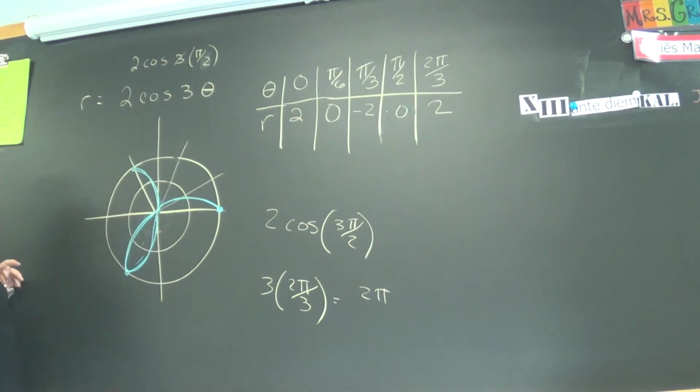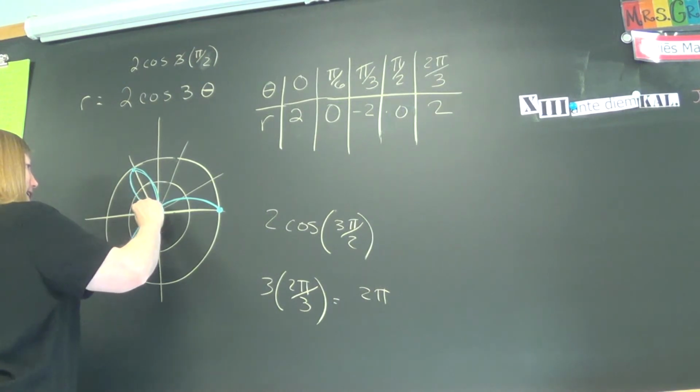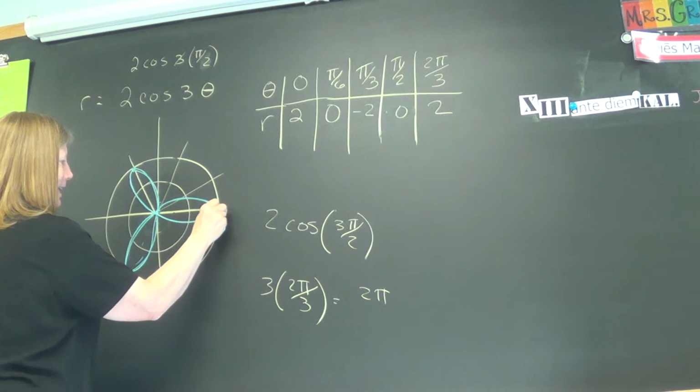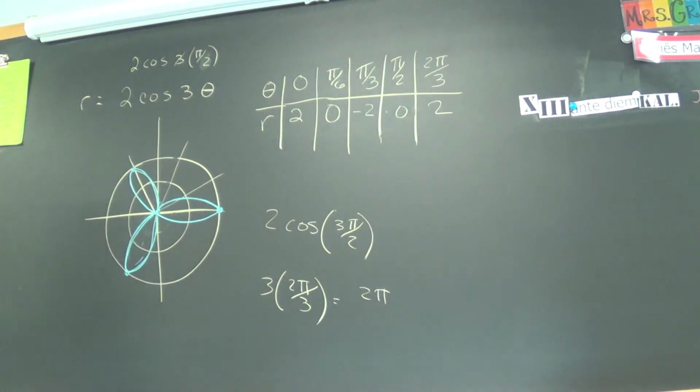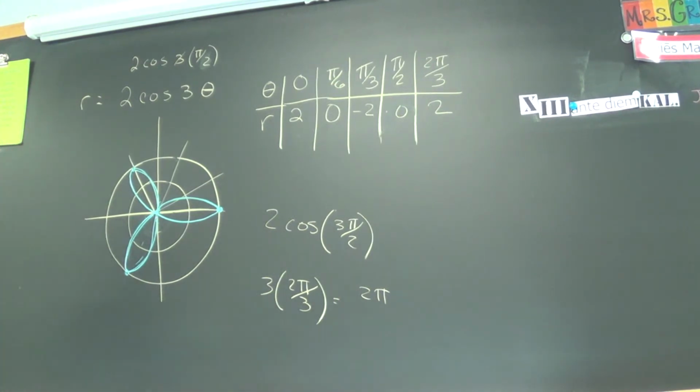And then the next one's 0. So you're going to go this way to keep it all smooth. And then the next one is 2, and you're going to go like that. If you keep going, I got negative 2 for the next one. We'll check again. For pi, it's cosine of 3 pi. That's negative 1 times 2, which is negative 2.